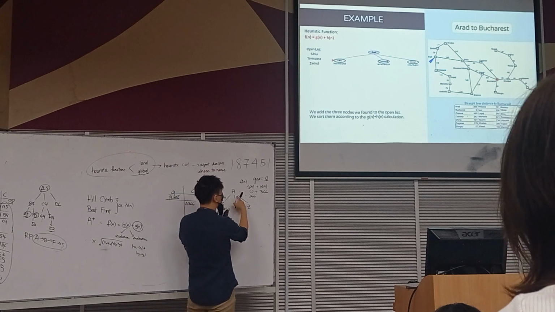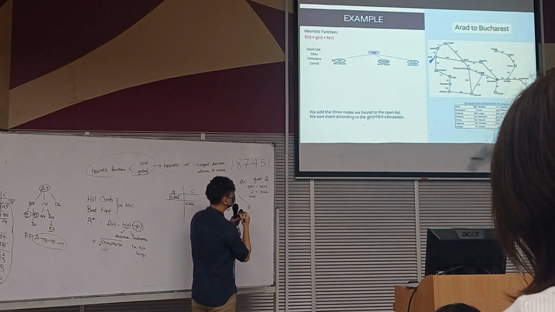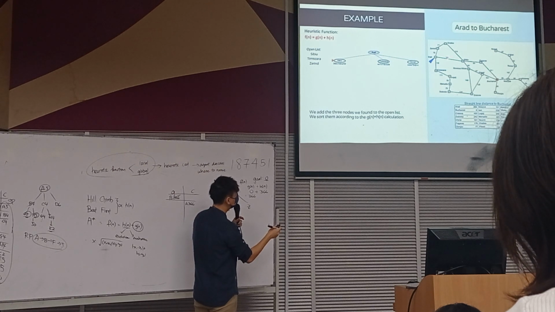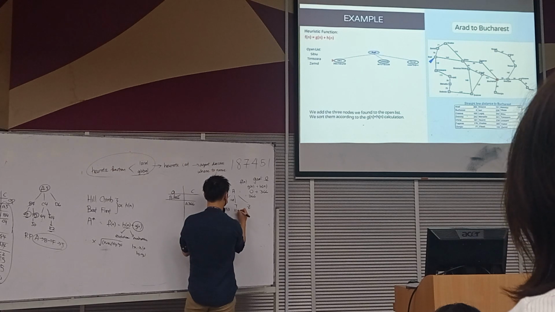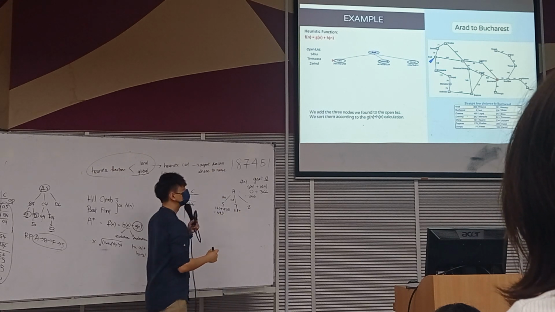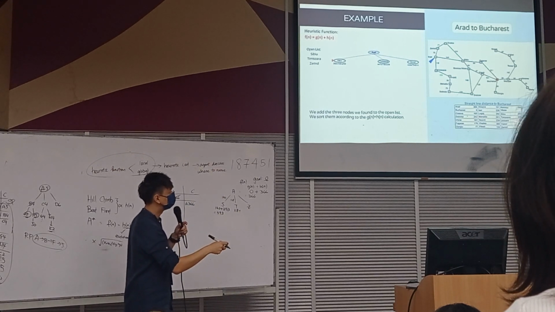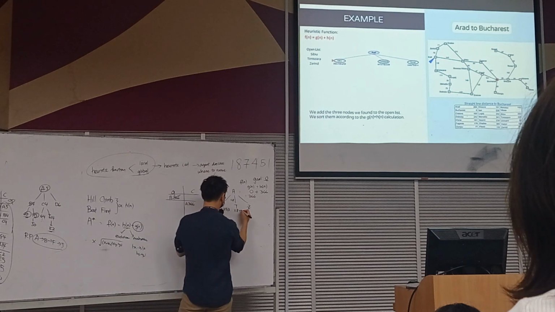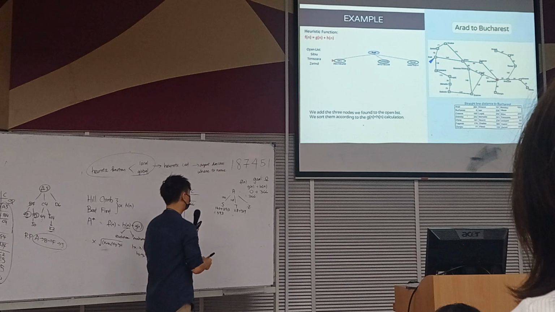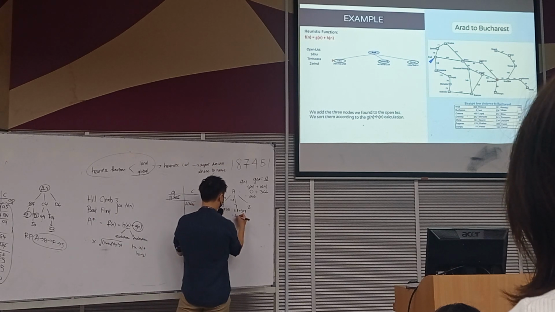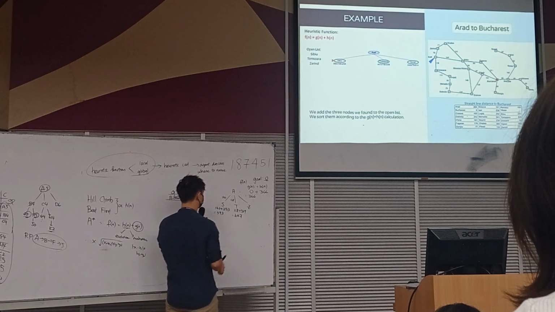Okay, how about T? What is the distance from A to T? Look at this map. A to T, 118. So 118 plus 329. How many? 447.